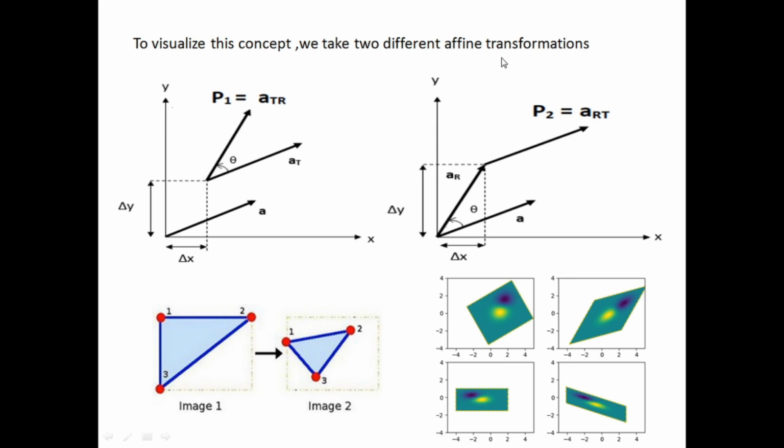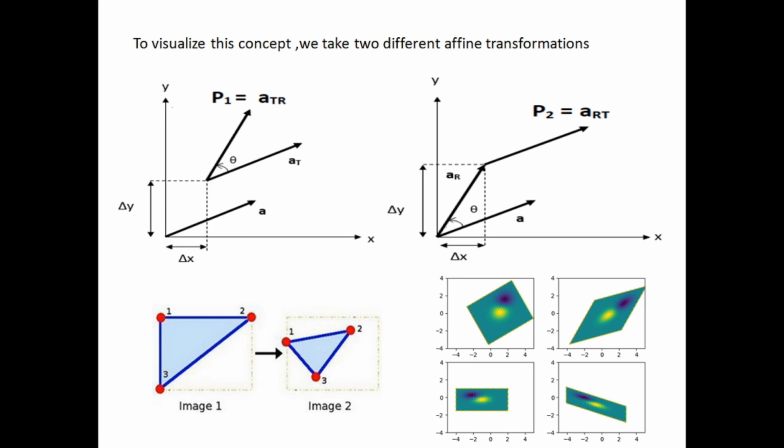We take two different affine transformations here, because in the explanation of the affine transformation, that is TRS, translation, rotation and scaling, we should know what the correct order to maintain is, as I discussed there. So in the affine transformation, let us see whether it is commutative or not.